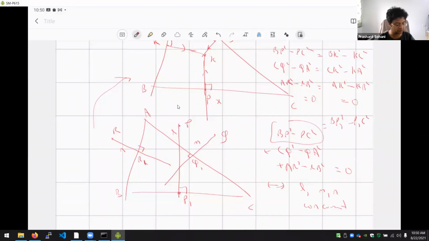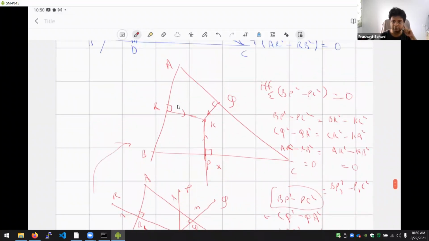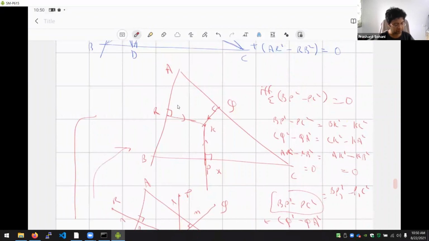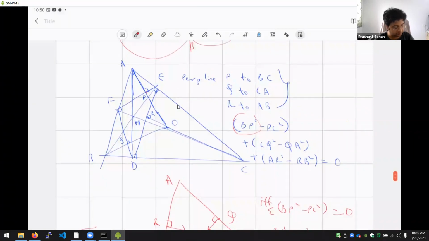So the special case of Carnot's theorem is not that special, it is just a simplification. So with this background, going back to the original question, we want to show that the perpendicular from P to BC, etc., those three are concurrent. So now do you understand why it is enough to show that this sum is equal to 0?